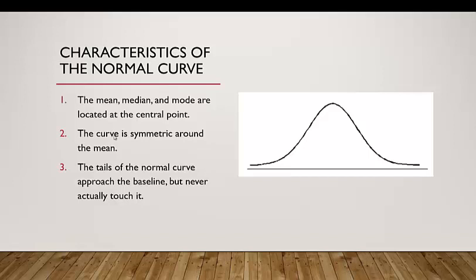In other words, there are just as many negatives as there are positives. Sound familiar? We said this about z-scores earlier. And finally, the tails of the normal curve approach the baseline but never actually touch it. And we'll see that we have terms for these people. There are reasons why the tail never touches the baseline.